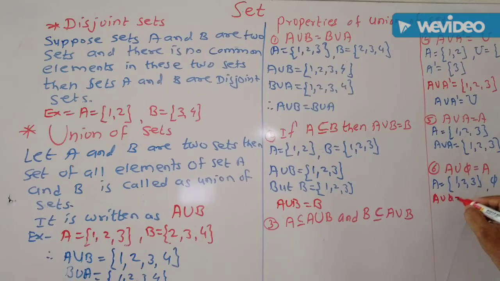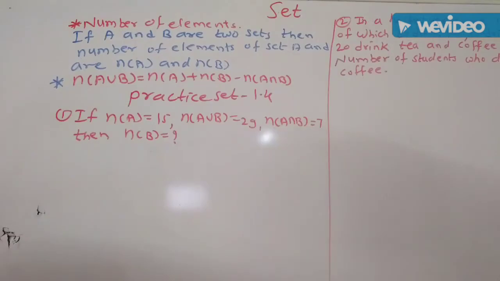Then if we take union of both the sets A and phi, that means set of all the elements in both the sets, we can get 1, 2, 3 only, because there is no element in the empty set, and therefore A union phi we get 1, 2, 3. 1, 2, 3 means A, and therefore the sixth property is A union phi is equal to A. These are the properties of union of the two sets.